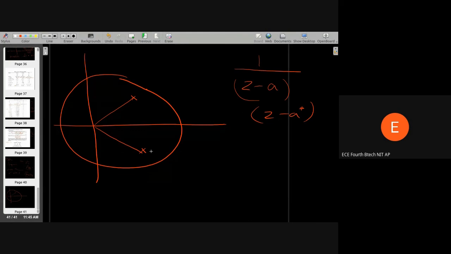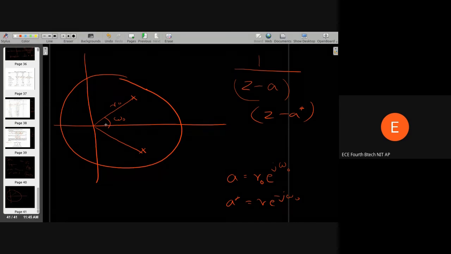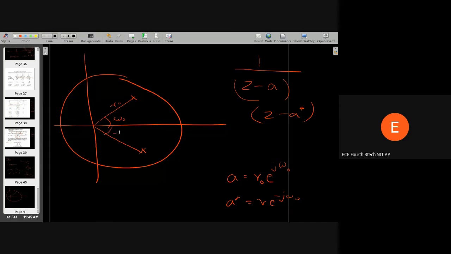The magnitude remains the same. If a equals, let's say, R naught e to the power j omega naught, this is omega naught and this length is R naught. What will happen to a star? It is R naught e to the power minus j omega naught. That means this angle is minus omega naught. That's it.